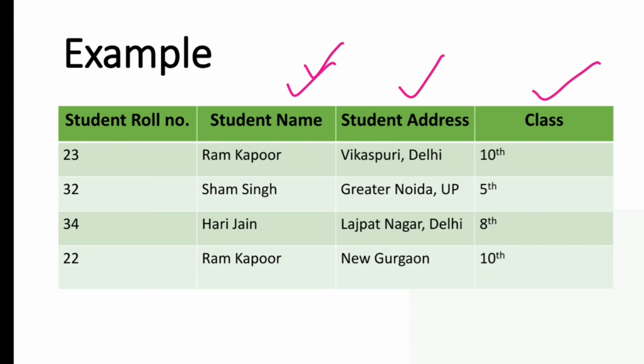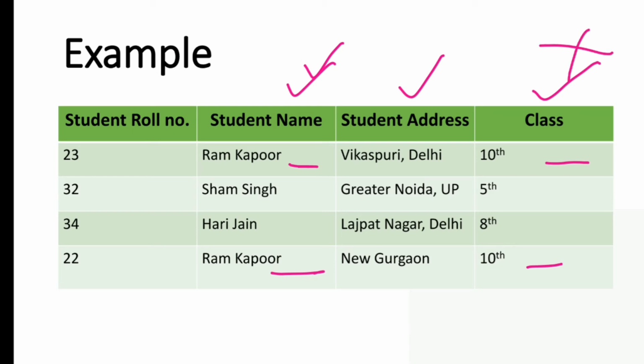Also in this case, you can see Ram Kapoor is in the class 10th. Also, there is another Ram Kapoor who is also in the same class 10th. So, the set of these two attributes cannot differentiate a single entity uniquely. So, student name and class cannot work.